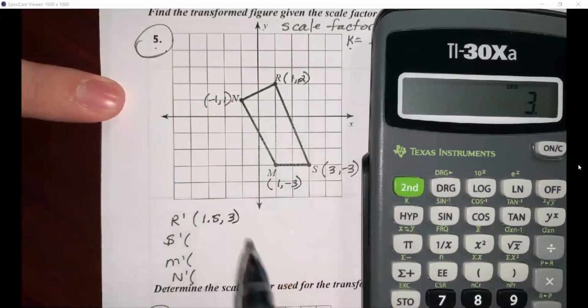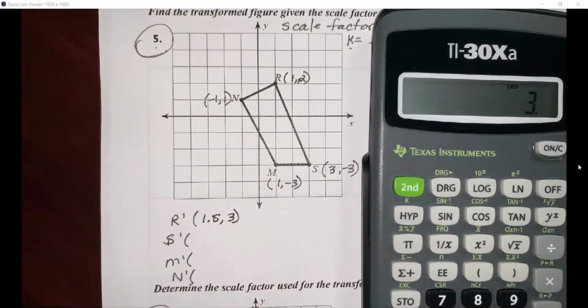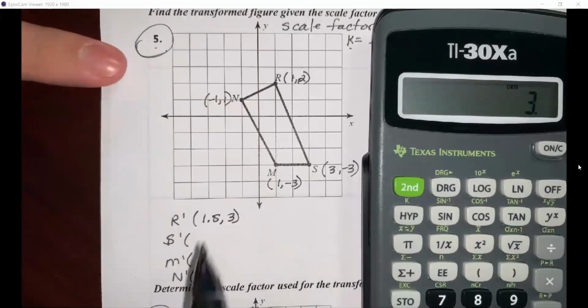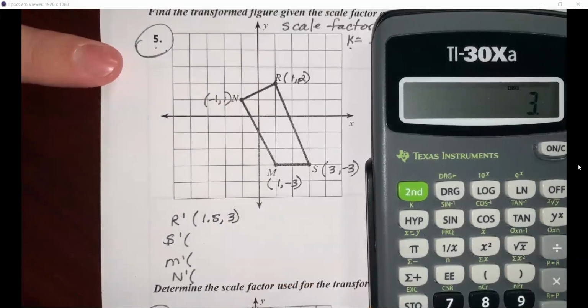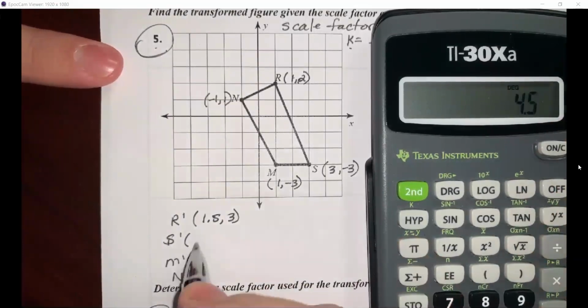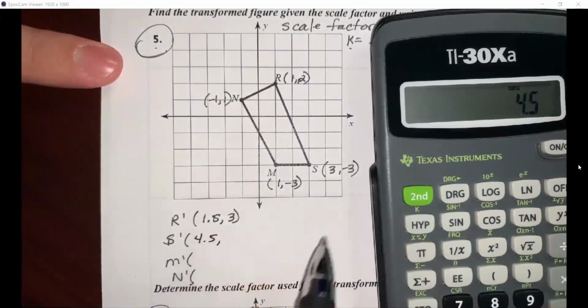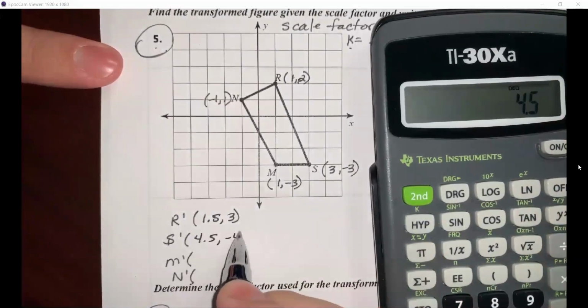So there's my new R. My new S, I'm going to multiply those two numbers by 3/2. So 3 times 3 divided by 2 gives us 4.5. And then -3 would just be -4.5.